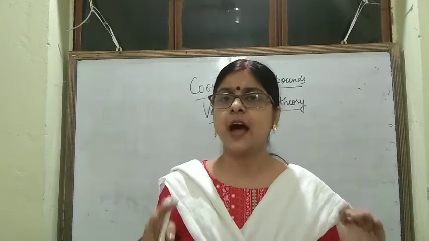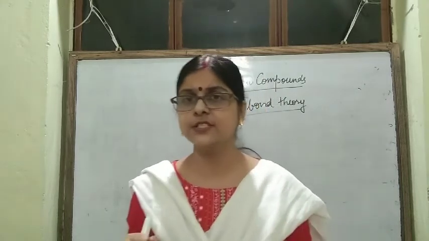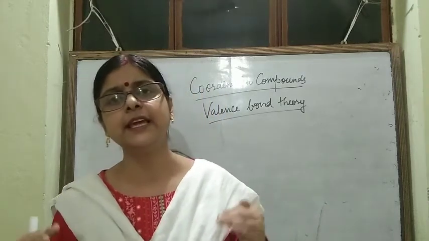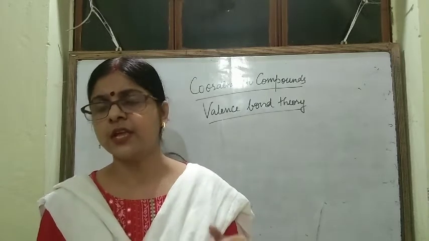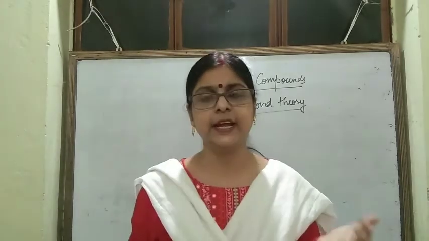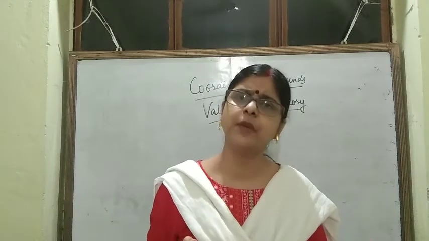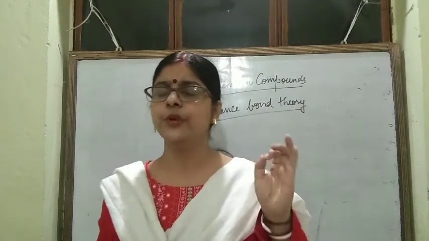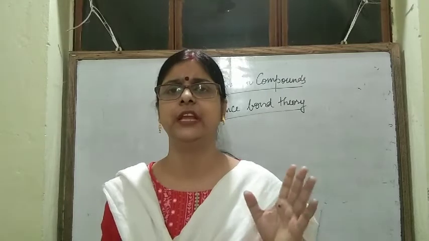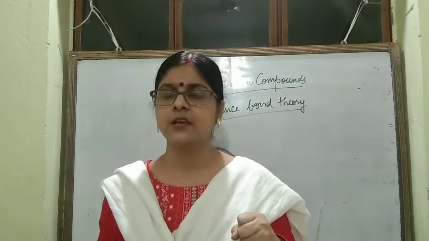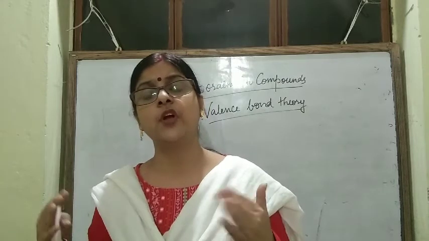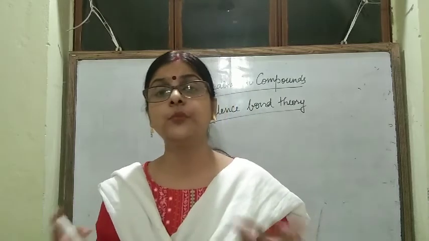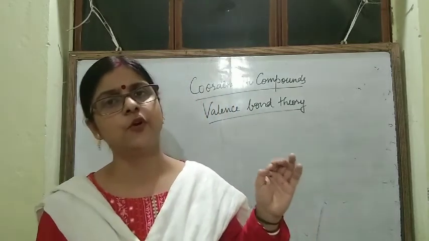So, let us understand what this theory is. In the formation of a metal-ligand bond, the electron pair is given by the ligands. The ligands may be negative, neutral or positive. We all know that any species which has the capacity to donate a pair of electrons is a ligand, and these ligands form a coordinate bond with the central metal atom or ion.